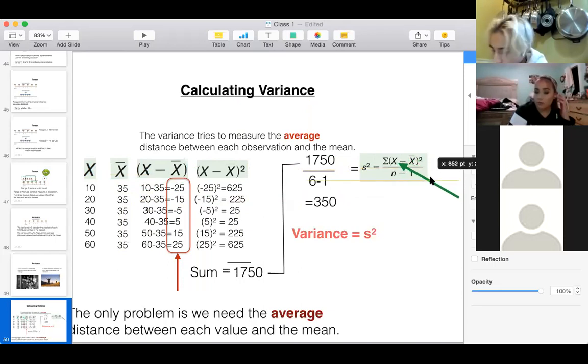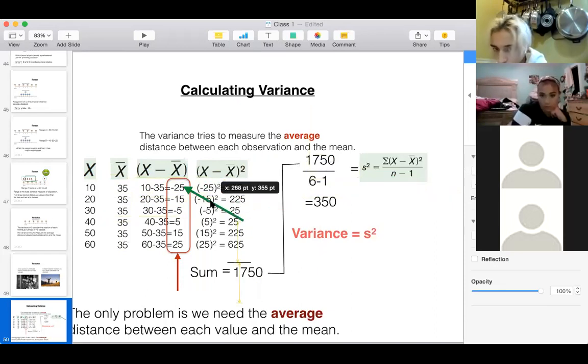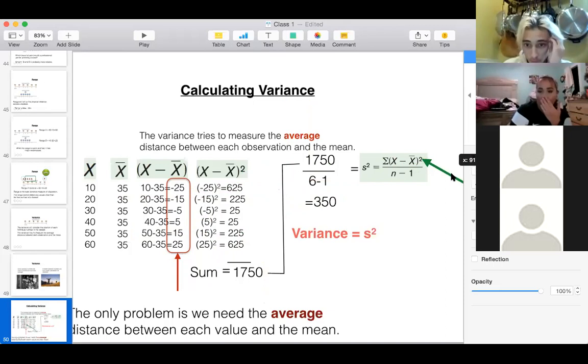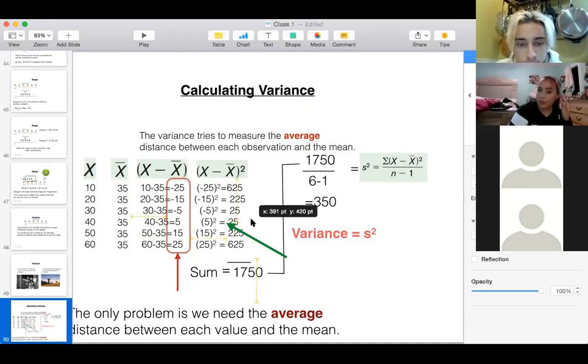Now, after we did that and we got all these numbers, what was the operation that we needed to use to take care of the problem with the negatives? Do the second exponent. You are correct. Here's our second power. So our formula is saying we're going to take each X minus X bar and square it. Now, after we squared them, we have all these squared values right here.